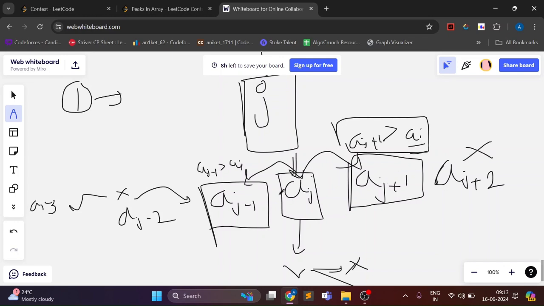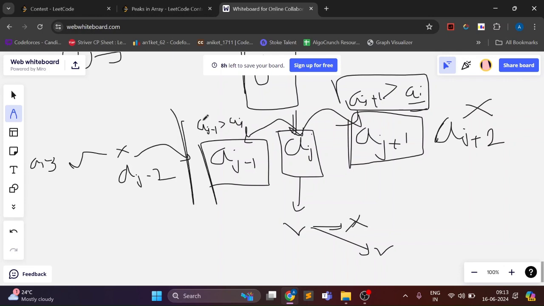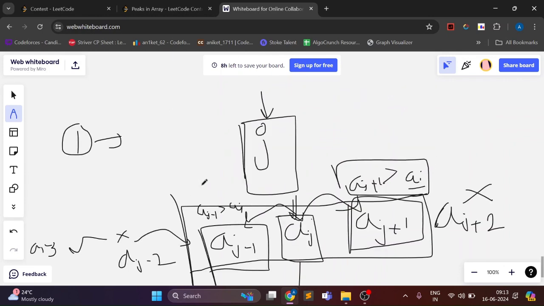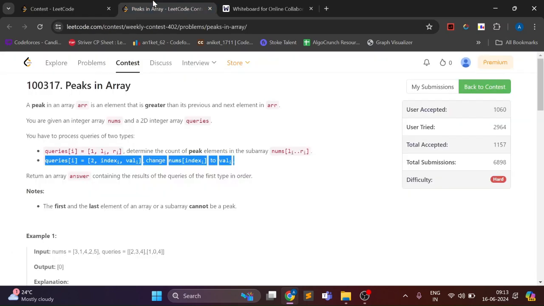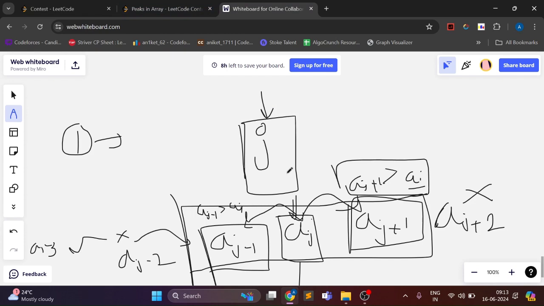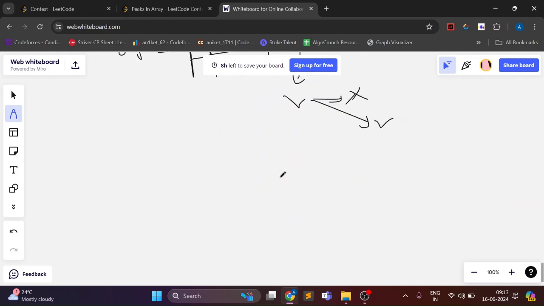So basically only 3 indices are affected after updating the value at index j. So the problem is basically solved. At the initial stage, I can count the number of peaks.